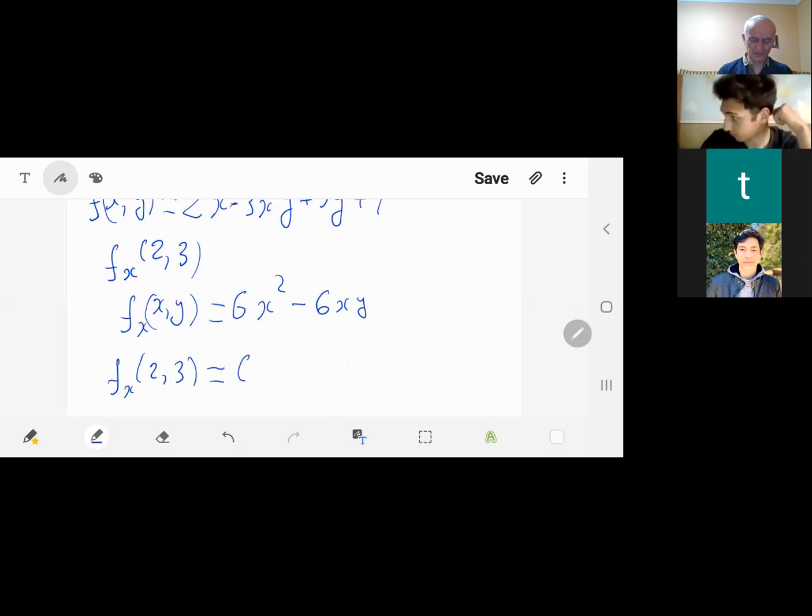So it's going to be 6 times 2 squared minus 6 times 2 times 3. What is your answer, Sandro? -12. It looks like Sandro is right. It's -12.